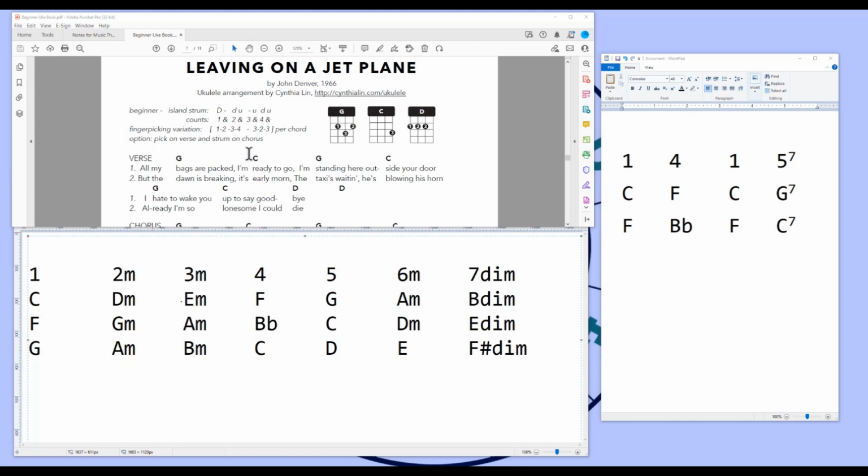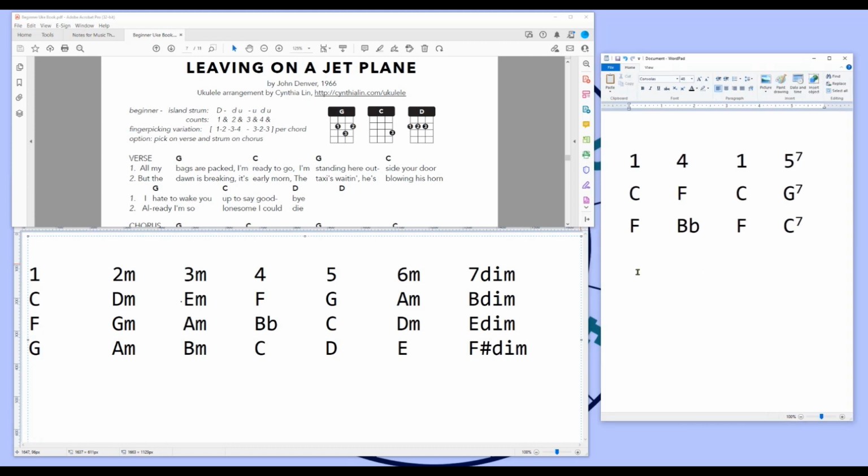So in this case, we're in the key of G. How do I know that? Most songs in the key of G start with the G chord, but if you look at the other chords, they're consistent as well. So I've got G, C, G, C, G, C, D, D. What are we dealing with here?